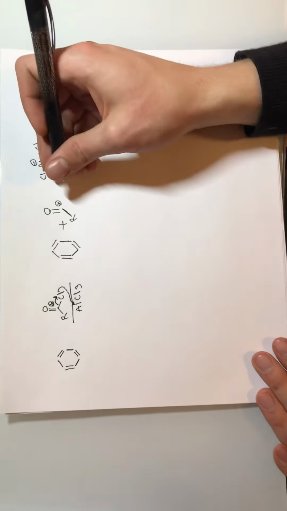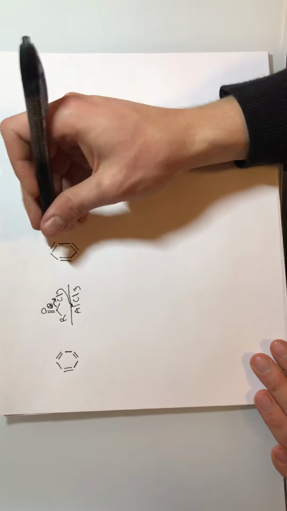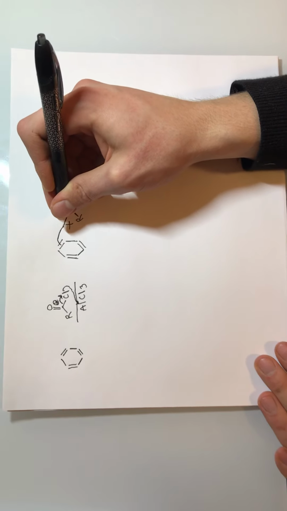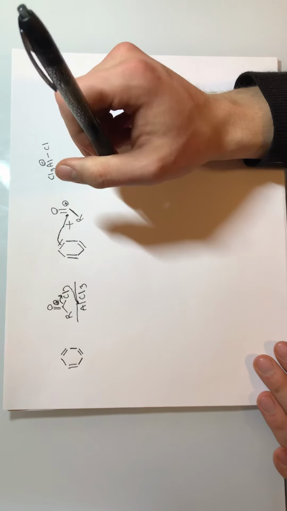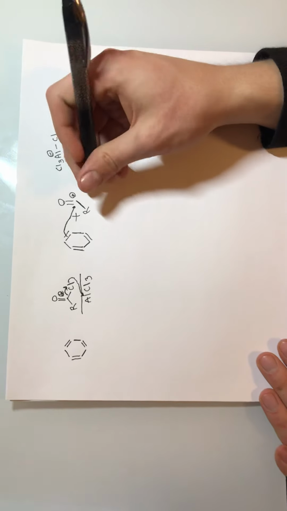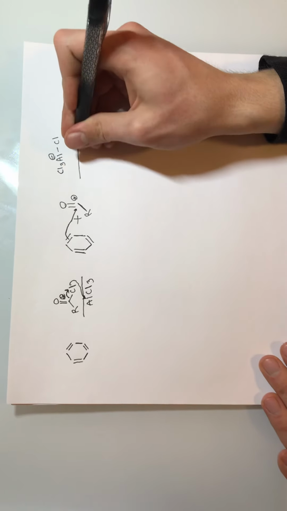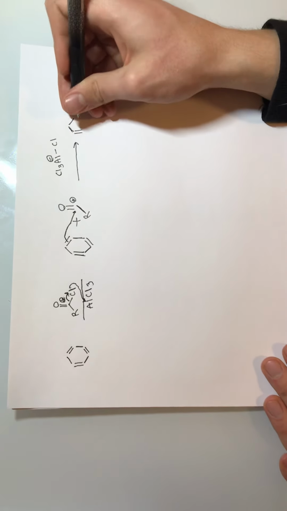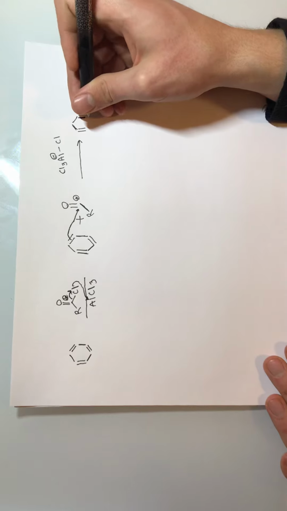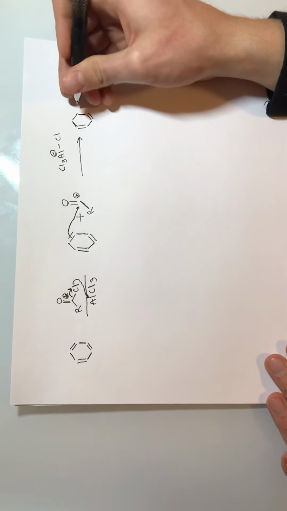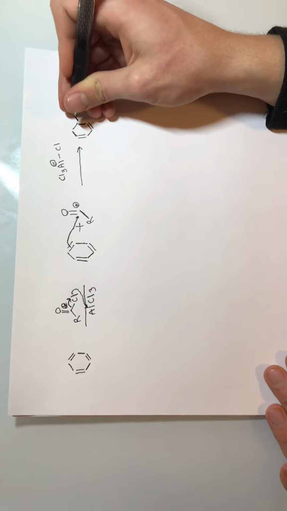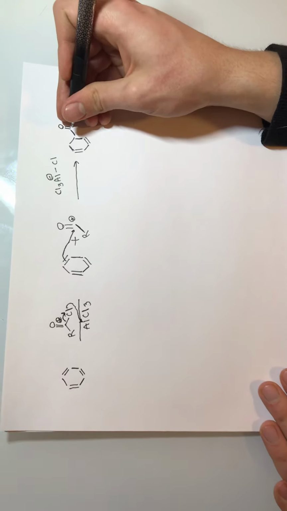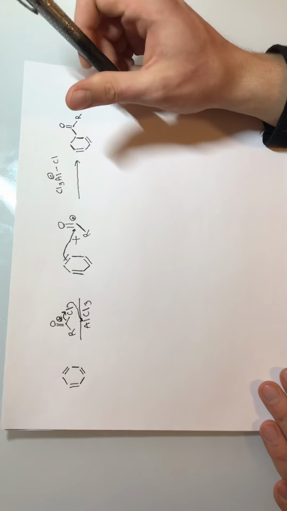So basically what's going to happen next is this benzene double bond here is going to go ahead and grab that carbocation. And so it's going to look something like this. And then, of course, you have that R group on the side, whatever R is.